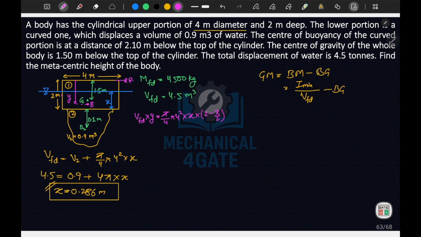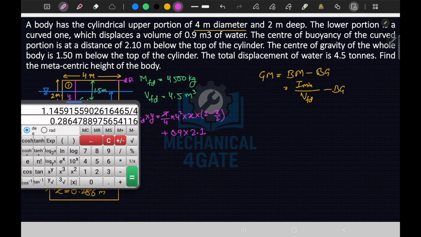This distance is for part 2 only, plus 0.9 into 2.1. So let's substitute the value here.